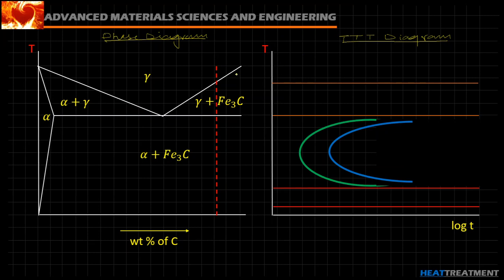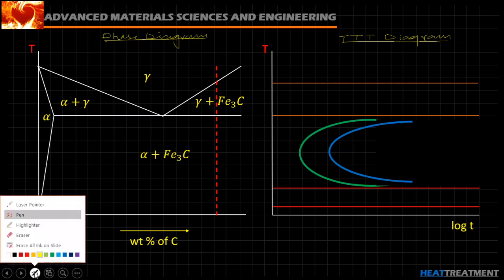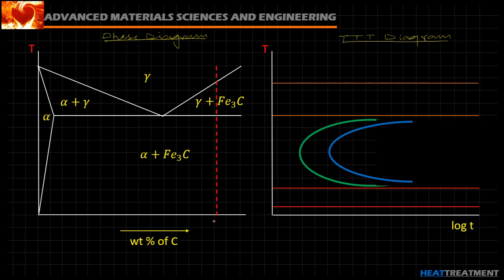Now here if we see this vertical line, we have the composition which is greater than 0.8 weight percent of carbon, or we may write this is greater than Ce, the eutectoid composition.